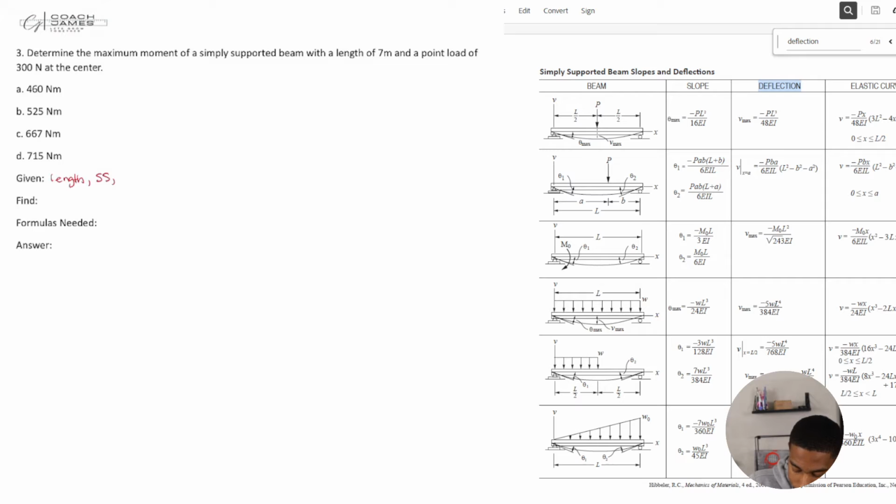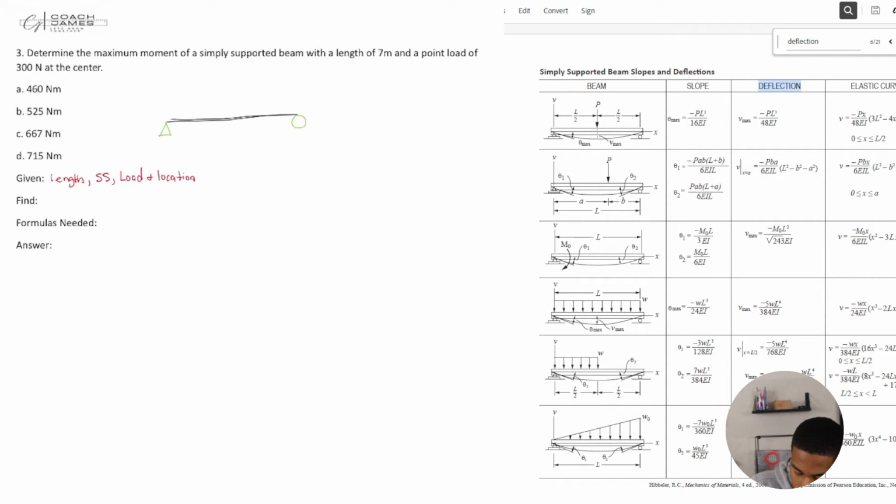We are given the load and the location of the load. So if I just draw this out, what does simply supported mean? Simply supported means your beam is going to be supported by, you guessed it, a pin and a roller. Great. All right.